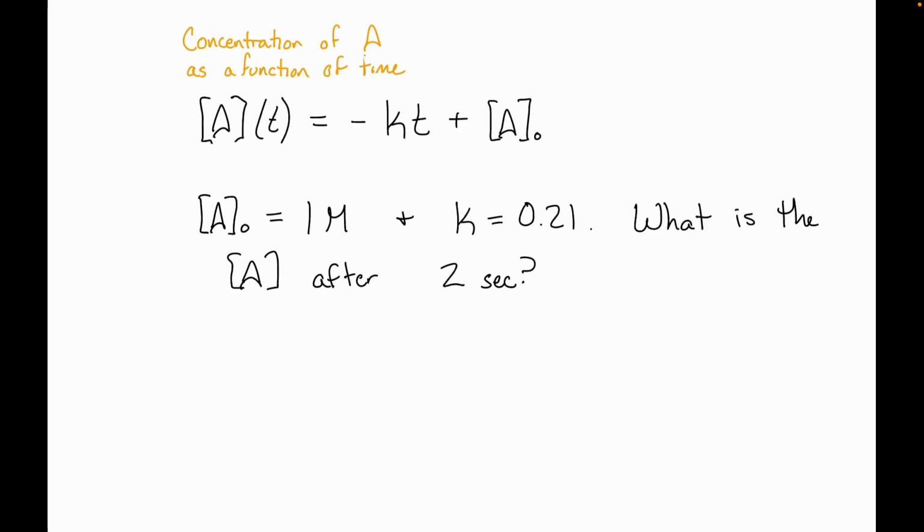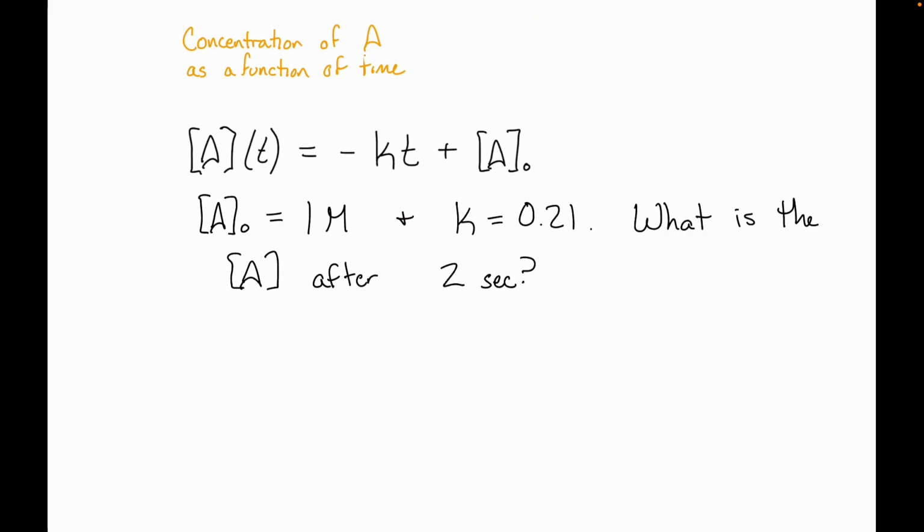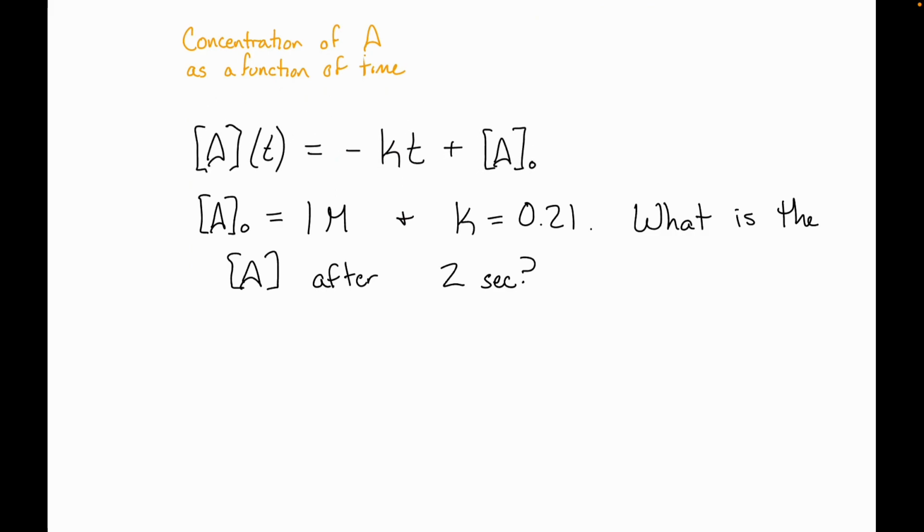All right, so all we're going to do is plug in our variables. Just to be clear, because the left-hand side looks kind of funny, this is just like f of t. That's how we write our functions: concentration of A as a function of time. So I'm going to plug this into my equation.